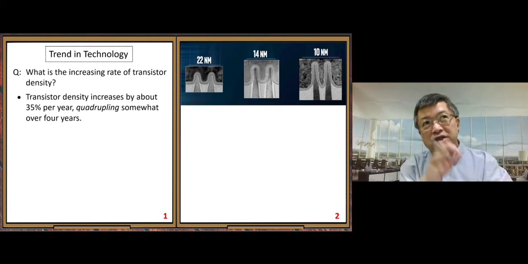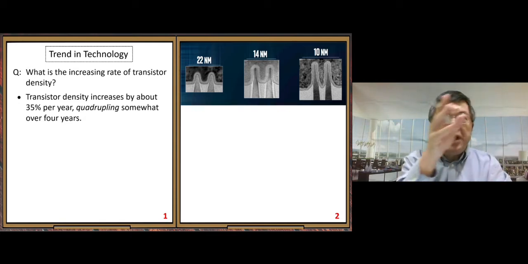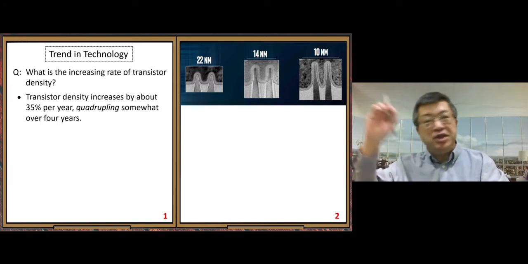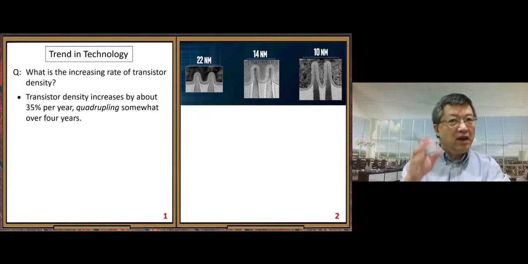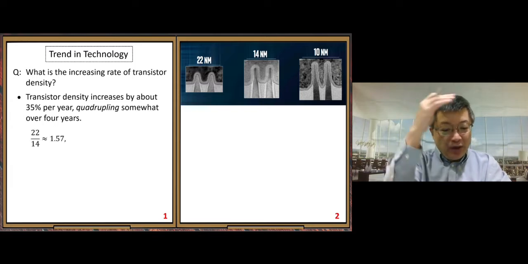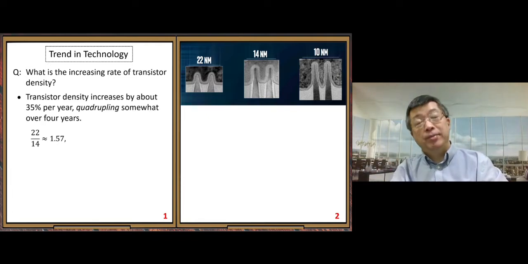For these 3 different measures, we can compare the transistor density numbers for these 3 different technologies. Here, let's do some simple math. The first one, 22 over 14, approximately 1.57. Simple calculation.